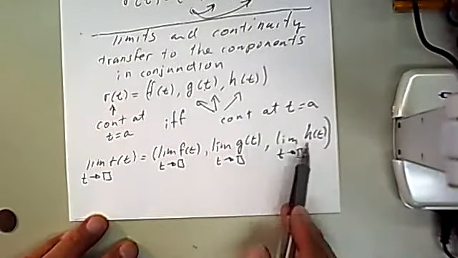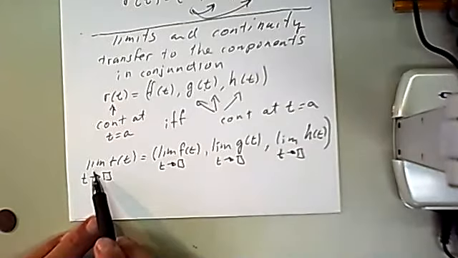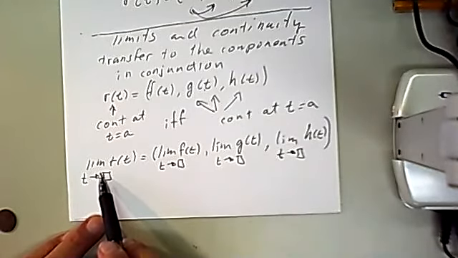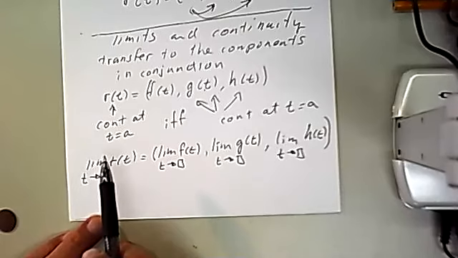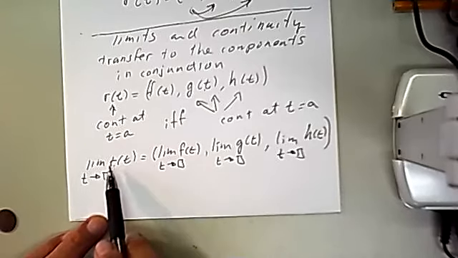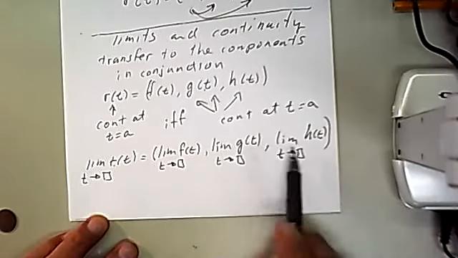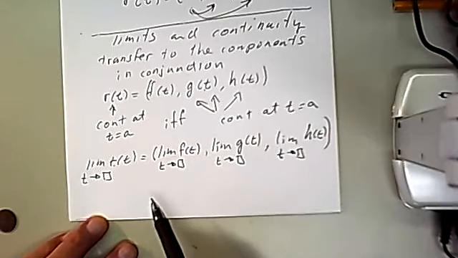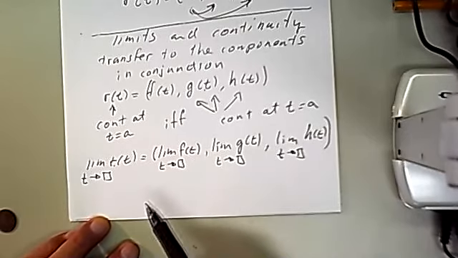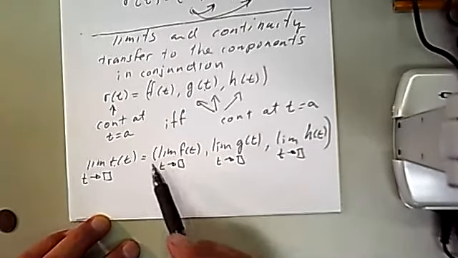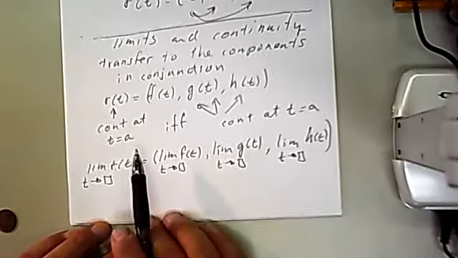If one of those limits doesn't exist, then the limit of the vector function will not exist. If this limit does not exist, it is because at least one of those limits does not exist.